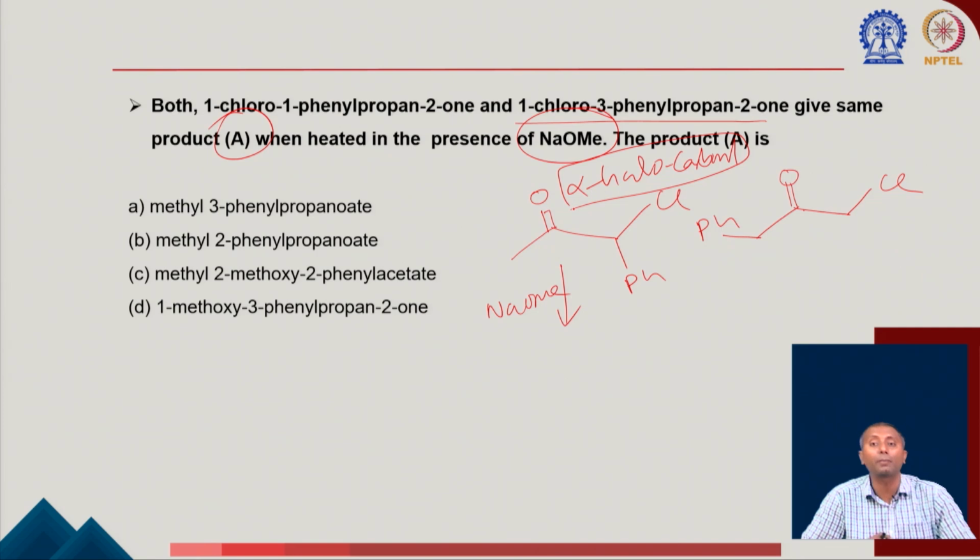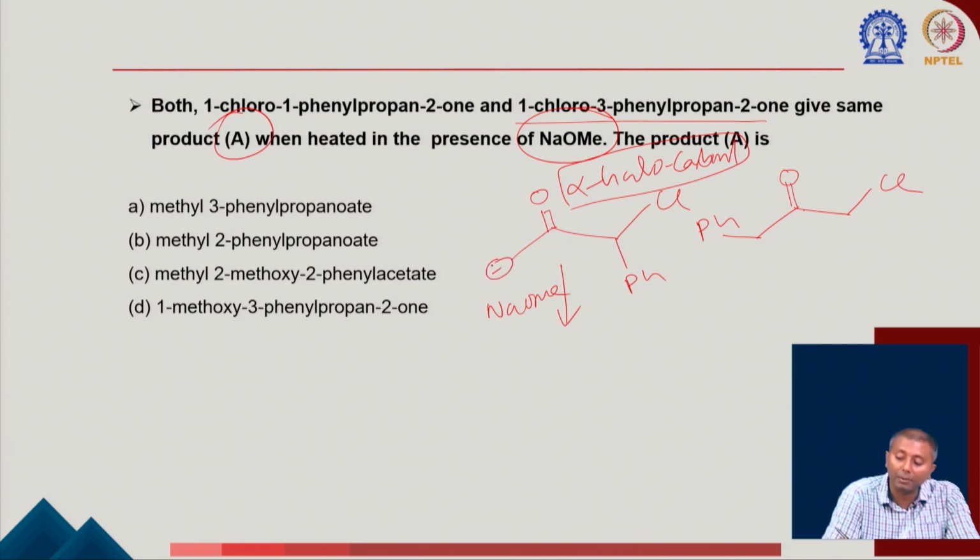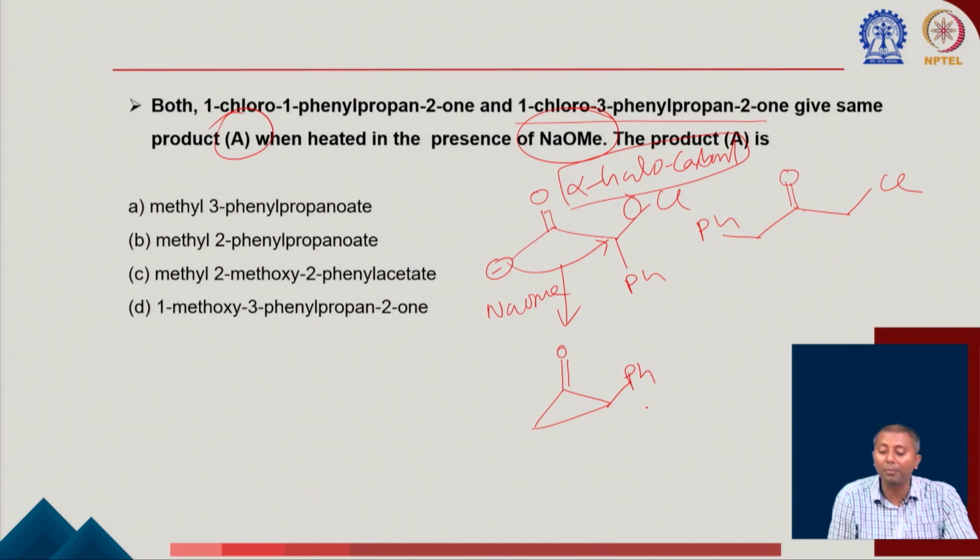Now I am talking about carbanion chemistry. So in the carbanion chemistry, you have learned that this can take this proton, form a carbanion. It can attack here, get rid of chlorine to form this. So this can give you the very important rearrangement reaction called Favorskii rearrangement. So you will be forming this intermediate.